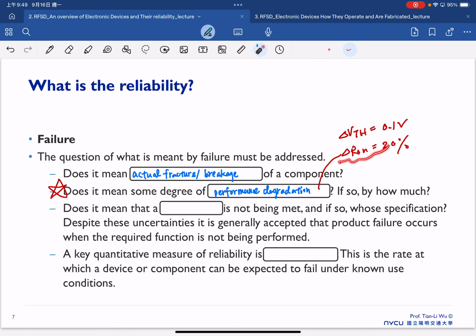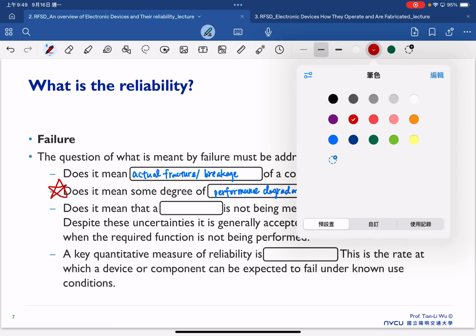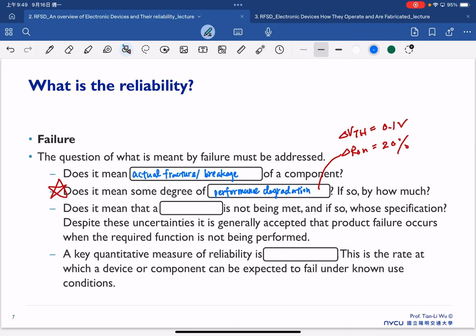And on-resistance, we have already shown previously. This is our typical IDVG curve.